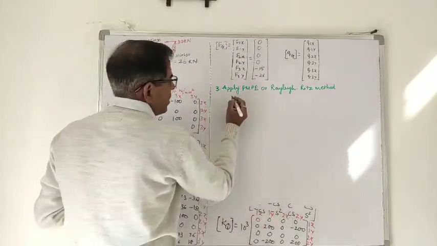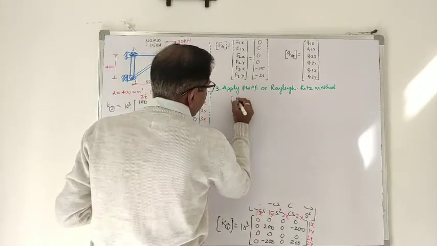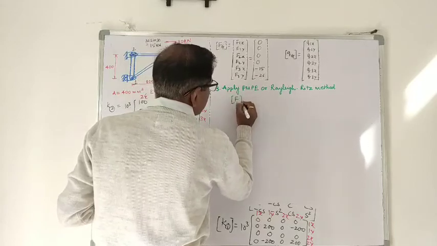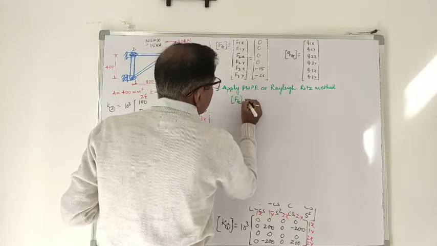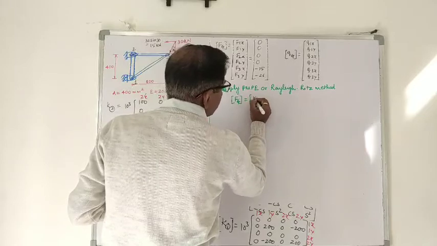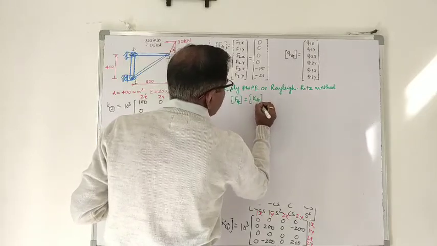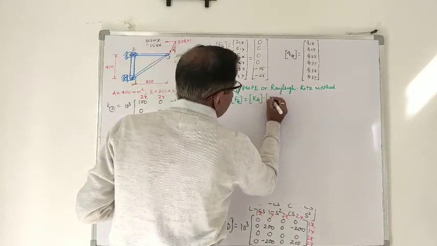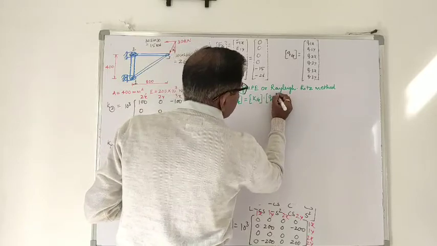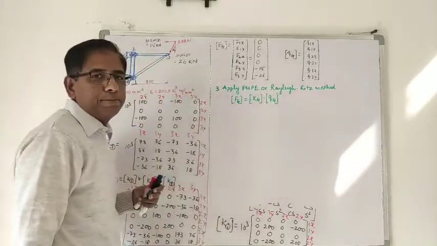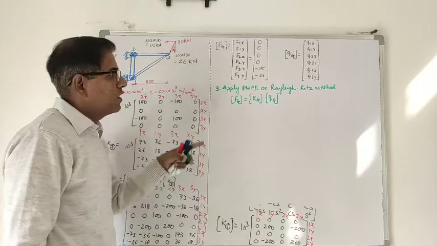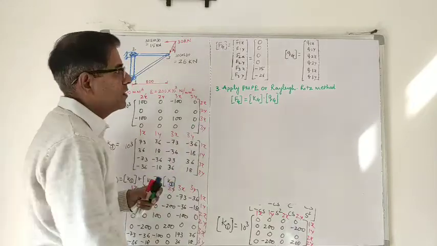The Rayleigh-Ritz method says that the global force matrix is equal to the global stiffness matrix multiplied by the global displacement matrix. This is our Rayleigh-Ritz method or principle of minimum potential energy method.